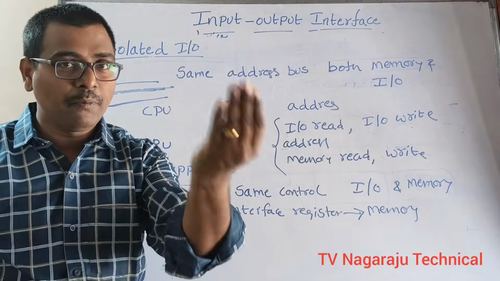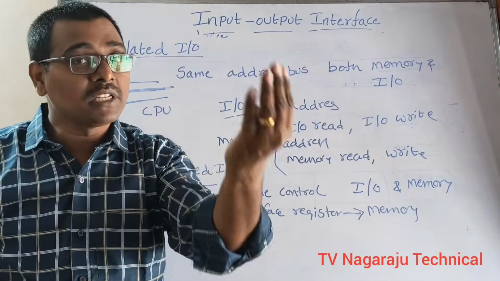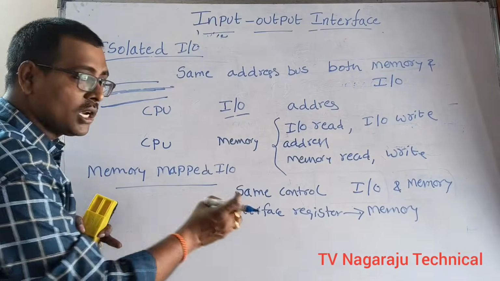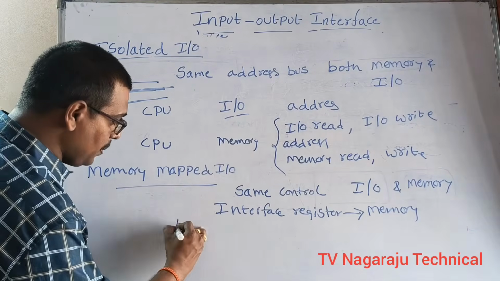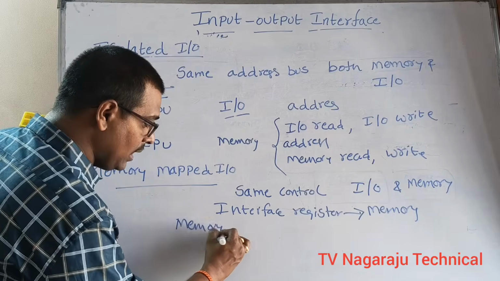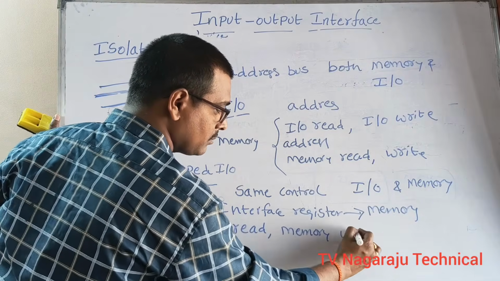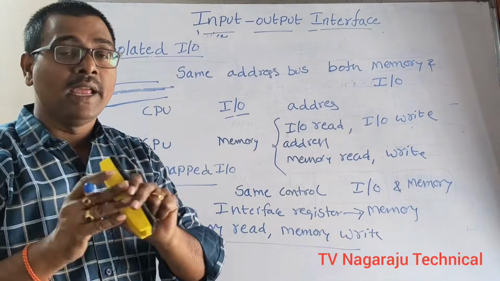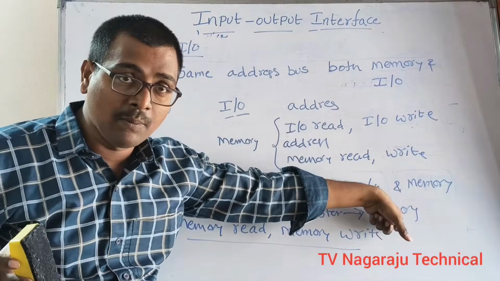If it fetches an IO instruction, that is IO. If it fetches a memory instruction, that is also memory. Whether the instruction is an IO instruction or a memory instruction, it uses only memory read and memory write. You got it? Here there is no separation. Internally the IO interface is also placed inside the memory.